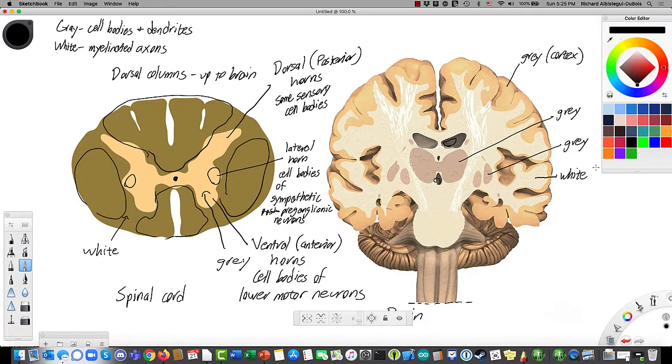And the white matter here is kind of coming in several different kinds. There's white matter fibers that go from one area of the cortex to another, what we sort of call association fibers. So those are from one area of the cortex to the next, to nearby ones. We have what are called commissural fibers.